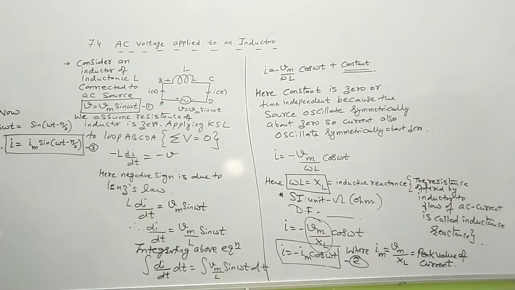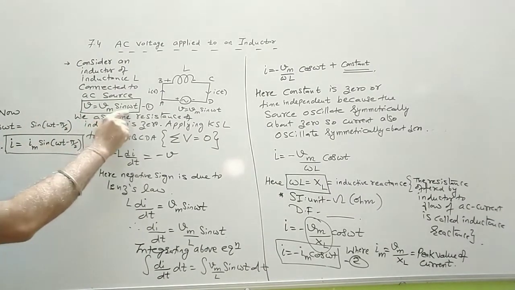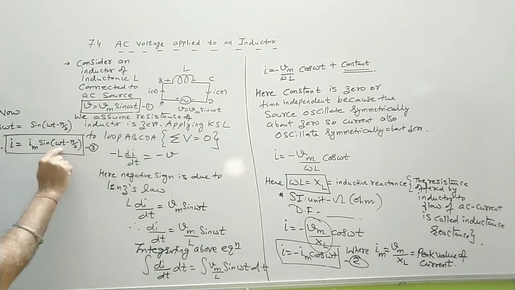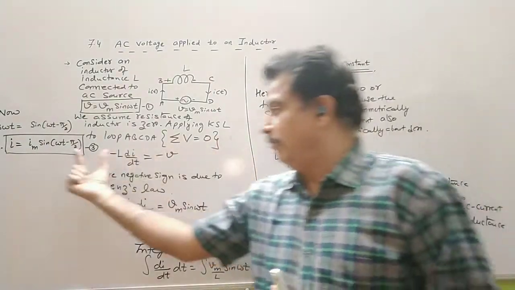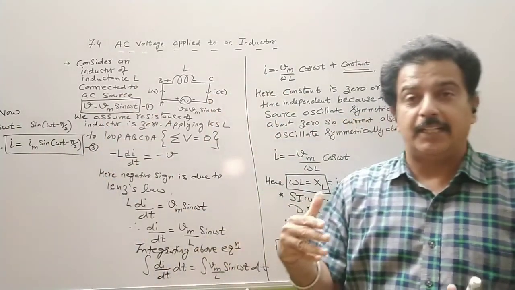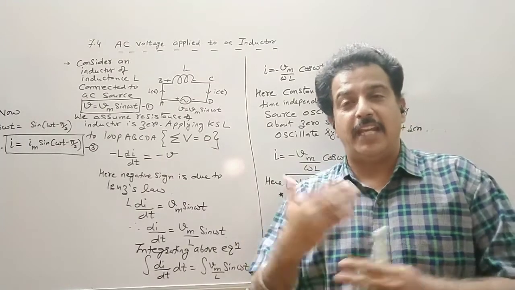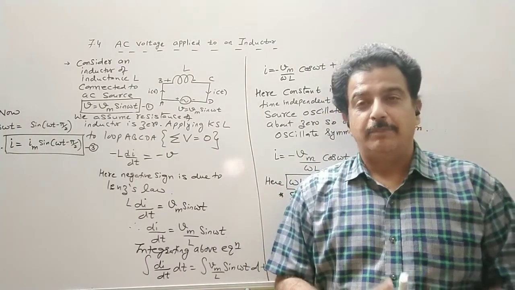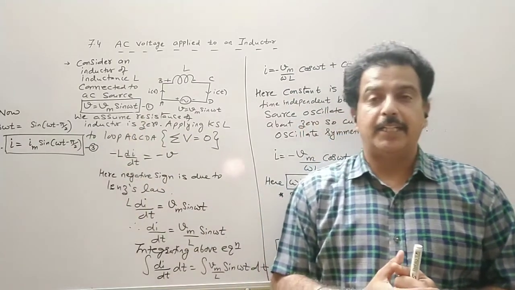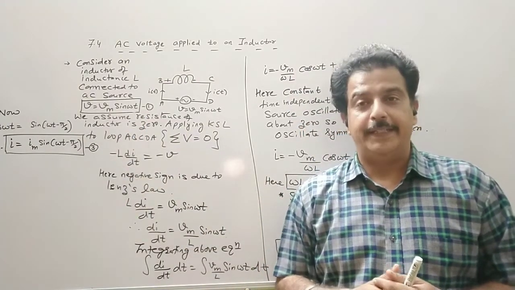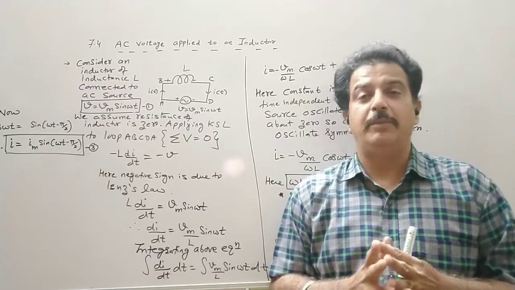Now if you compare this equation, here we have sine omega t, here we have omega t minus pi by 2. It means the angle within this term is decreasing. That is, the current is lagging behind the voltage by a phase difference of 90 degree or pi by 2 radian. Now what does it physically mean?